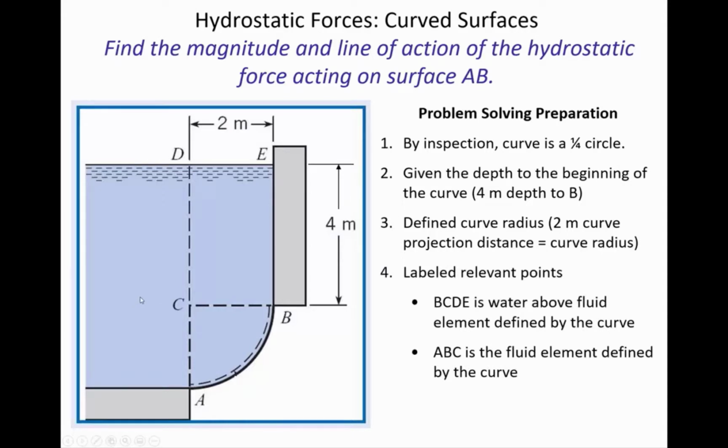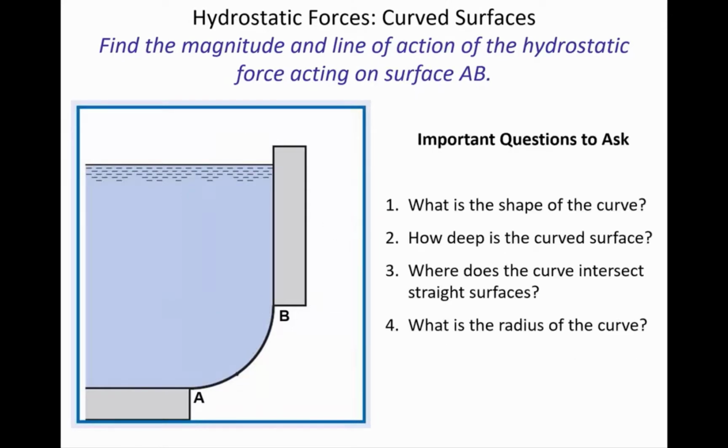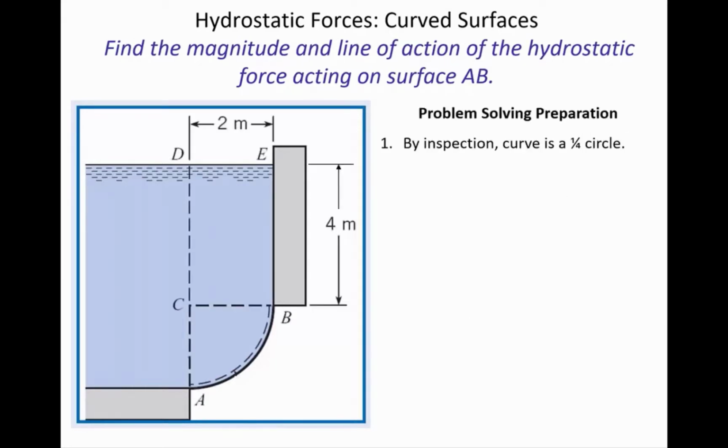And then it's helpful even if the drawing doesn't have points labeled. Like if this was the original drawing that you were given, it might be useful to sketch out what is the shape of what's above that gate. And so sketch out the quarter circle, and sketch the rectangle that's above the gate, because those shapes are going to have to be accounted for because there's a certain weight of water above the gate.